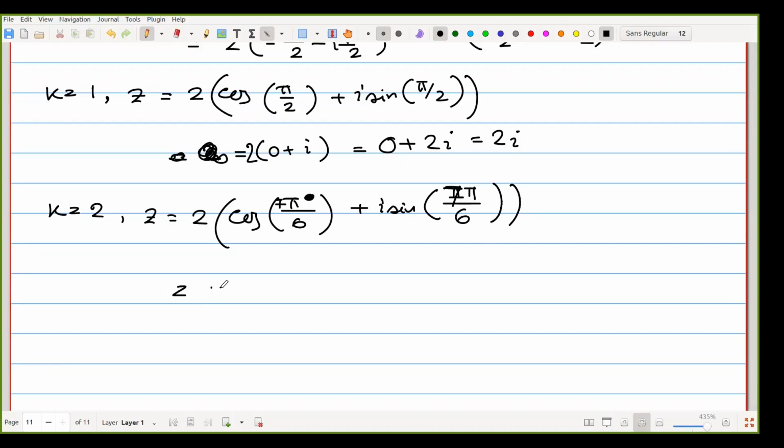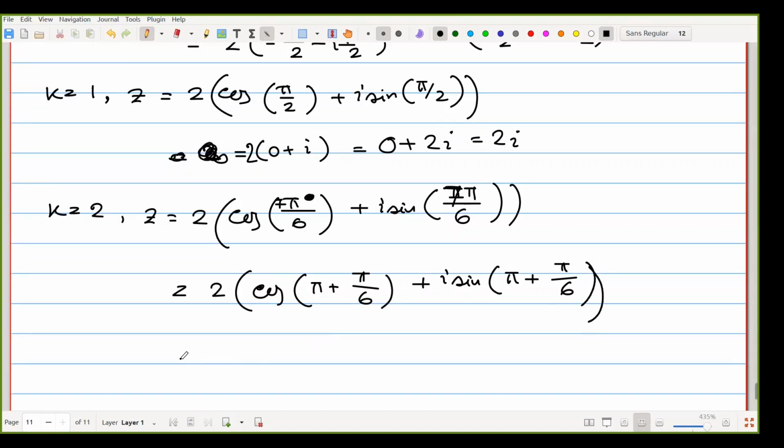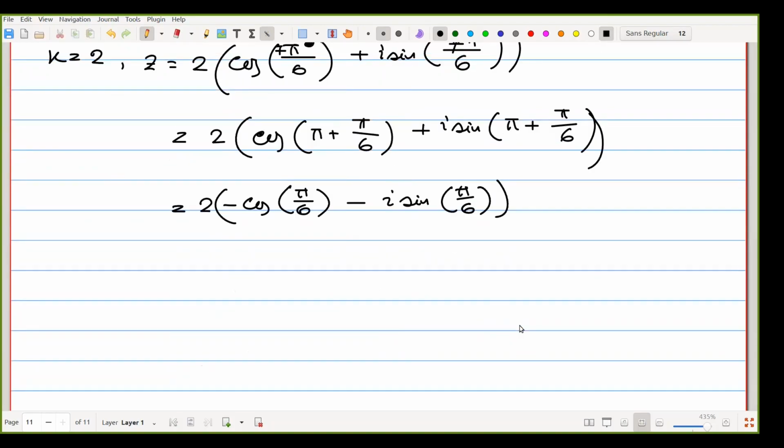So which gives us 2 cos of (pi plus pi by 6) plus i of sine of (pi plus pi by 6), which is equal to 2 of (minus cos pi by 6 minus i of sine pi by 6), as it is from pi plus. That's why that one is becoming minus. So that is 2 of (minus root 3 by 2 minus i of half), which is becoming minus root 3 minus i.